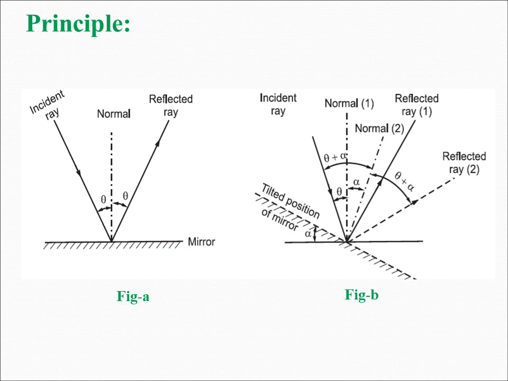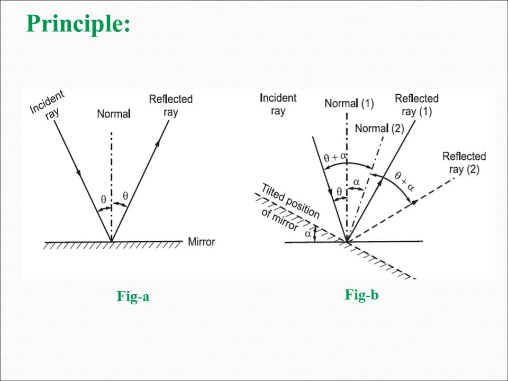If we tilt the mirror, now see figure B, the tilted position of the mirror is shown. The mirror is tilted by an angle alpha. So the incident ray, when it is incident on the mirror at an angle theta plus alpha, will be reflected at an angle theta plus alpha.